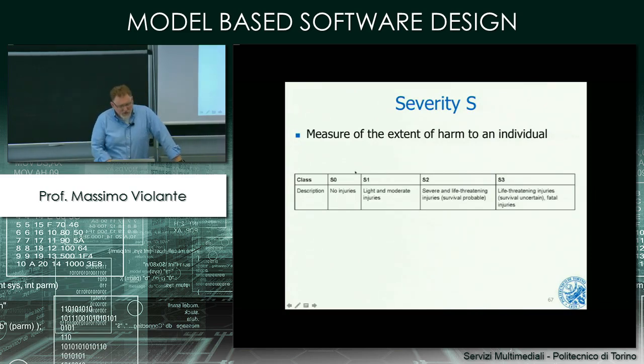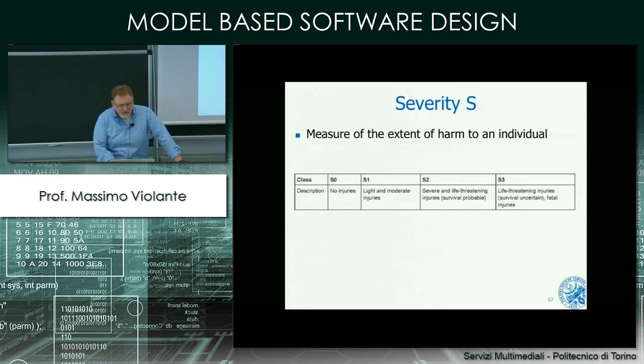So we said that the severity is the measure of the extent of the harm to an individual. The scale we are using is this one. S0 means no injuries. We have the accident, nobody suffers anything. Then we have light and moderate injuries, for example, a scratch on our forehead. We have severe and life-threatening injuries, but the survivability of the people involved is likely.